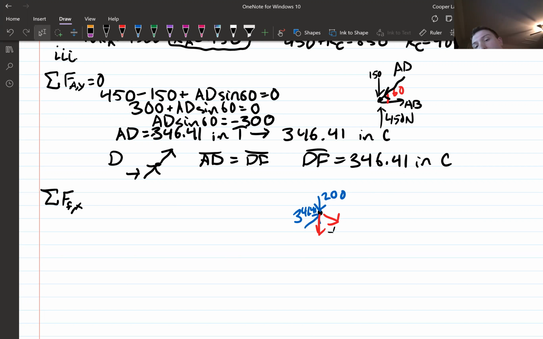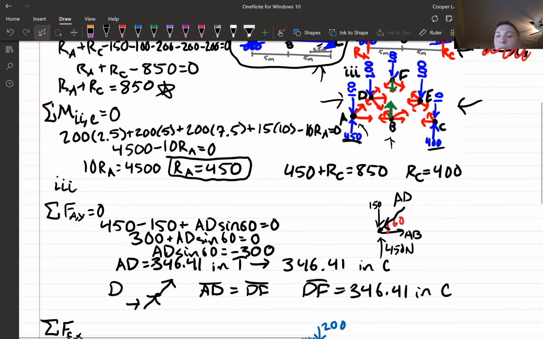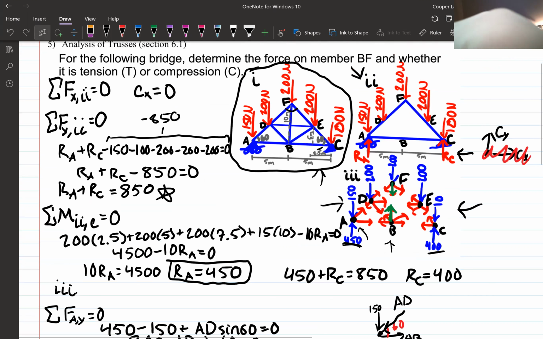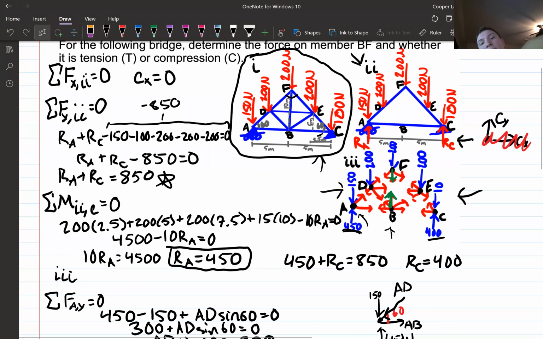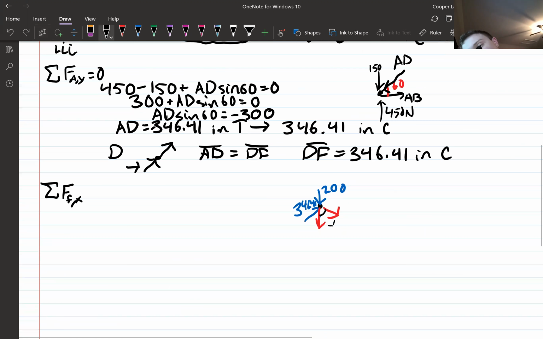I'll bring back to now finding these angles. So I know that this overall angle up here, the angle F, is going to be 60 degrees. So angle AFC equals 60 degrees.